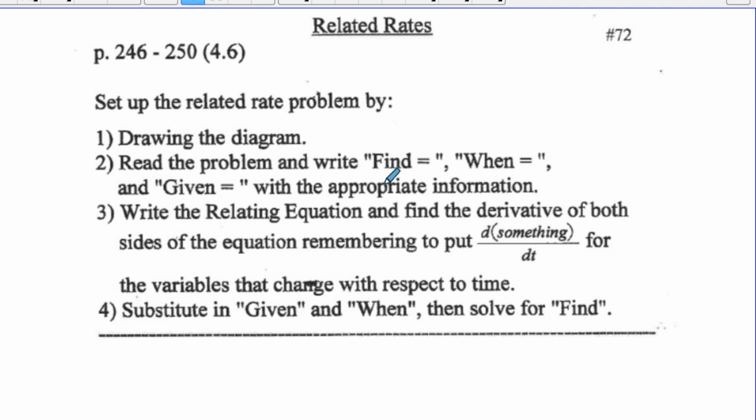So basically it's the same thing we went over first semester. You look for the find, which we'll call F, when, and then our given is going to be our G, and then we put down our E for equation. So that's what we're going to be looking at, and drawing a sketch, seeing what it looks like.